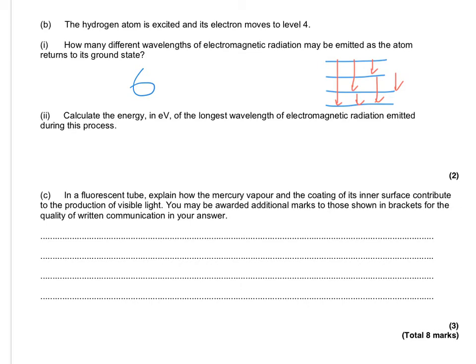Okay, so calculate the energy in electron volts of the longest wavelength of electromagnetic radiation. So, longest wavelength means lowest frequency. Lowest frequency means lowest energy. So we want the smallest energy transition shown by this diagram. That's what it's looking for in this question.